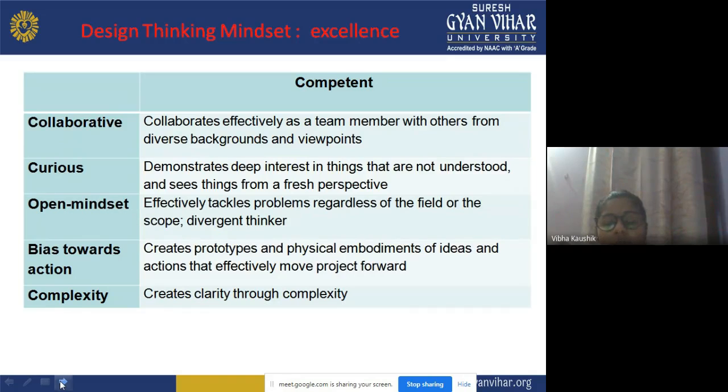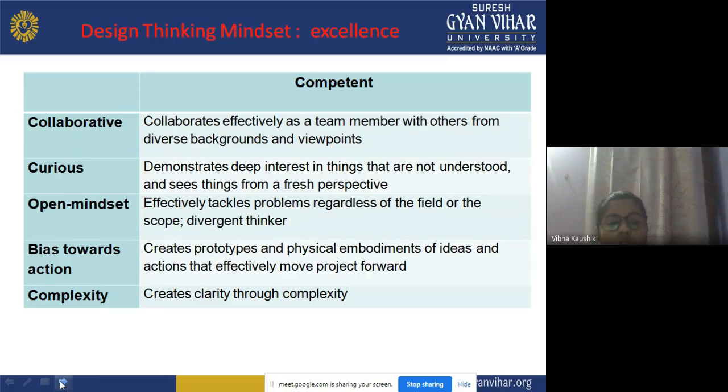Effectively tackle problems means you will be able to tackle problems in an effective manner, regardless of the field of any problem, whether it is the field of education or pharmacy or medical or law, or the scope is wider. Divergent thinking means you are not thinking in a convergent way, not in the way in which all other people are thinking.